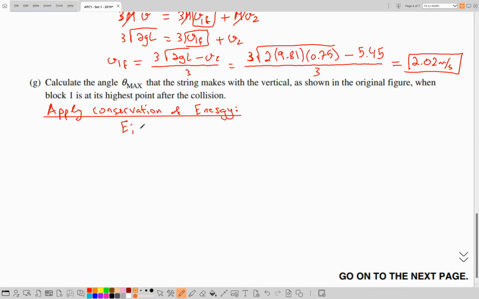Then energy initial in this case is equal to energy final. What does the initial point represent? It's the point immediately after the collision when the block is still on the table, almost but not in contact.